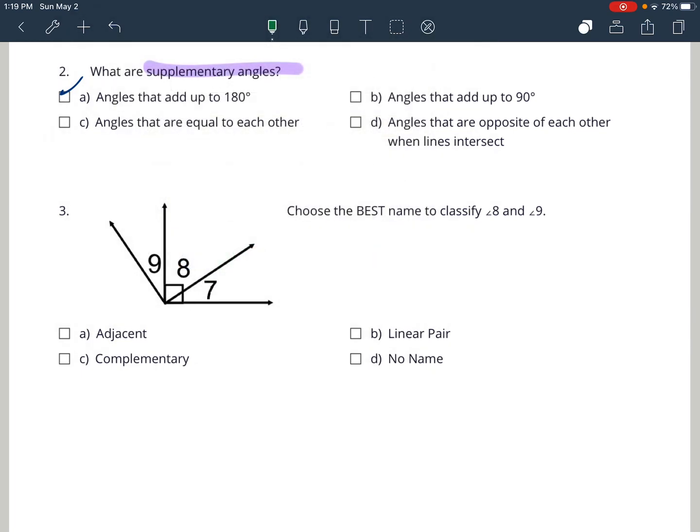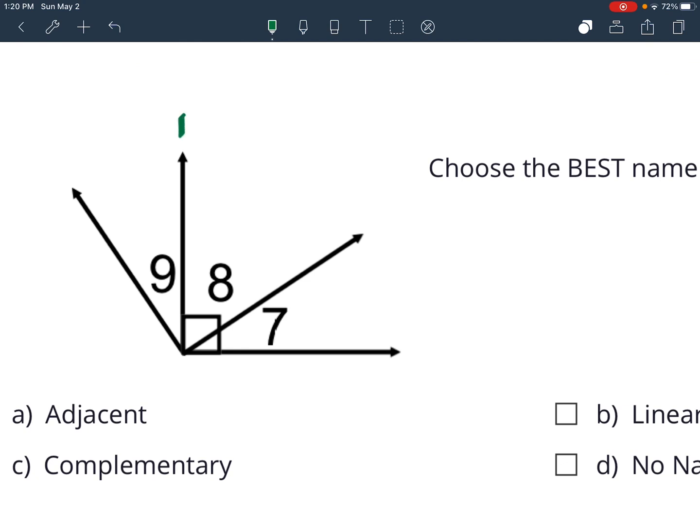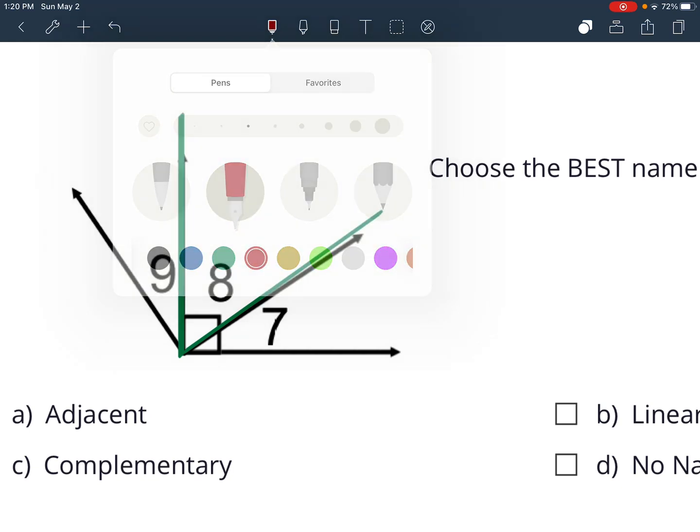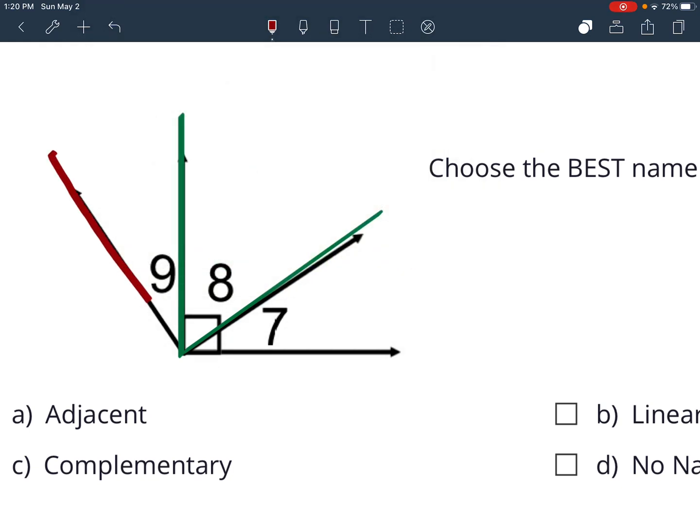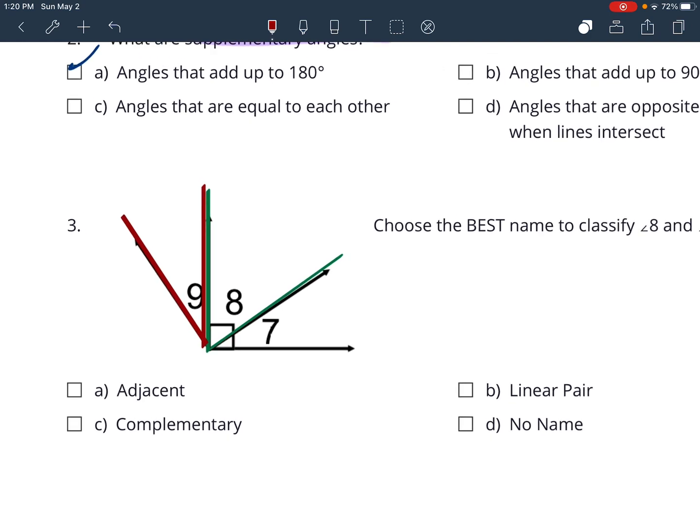So this is 8. So that one's 8. And then now 9 is the other line that goes here. And then it shares this line here. Right? So both of those are 8 and 9 together.